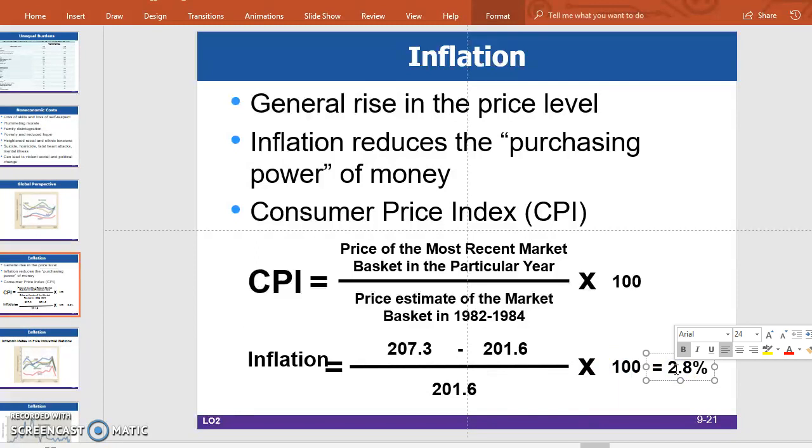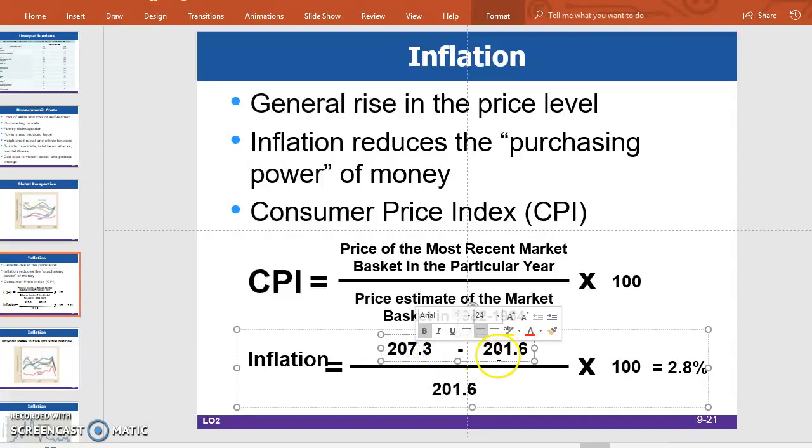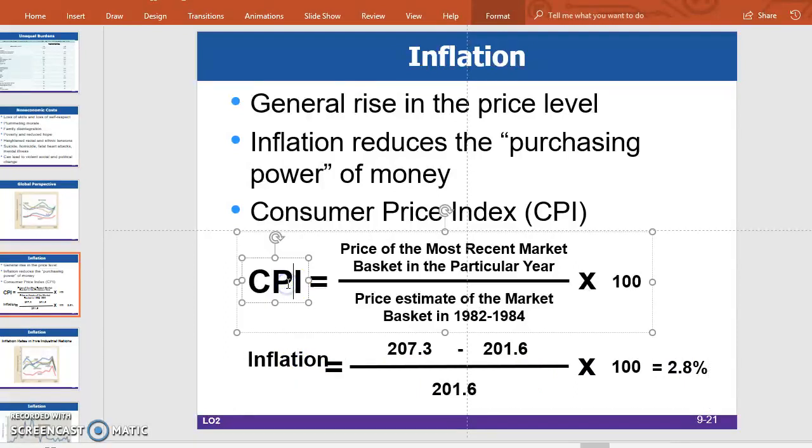So the CPI increased by 2.8 between 2002 and 2003. So inflation is 2.8. When you read the newspaper and they tell you inflation based on CPI, inflation measured as the percentage change in CPI, this is what they mean.